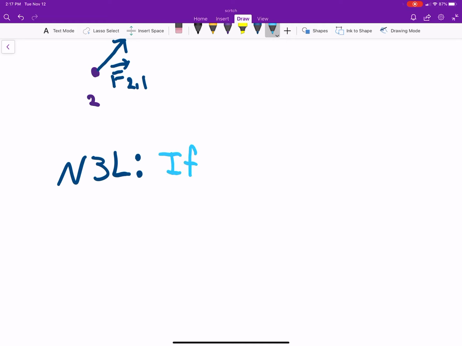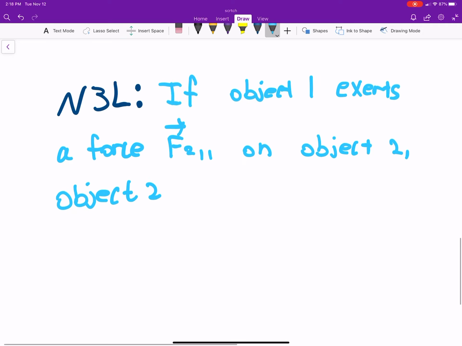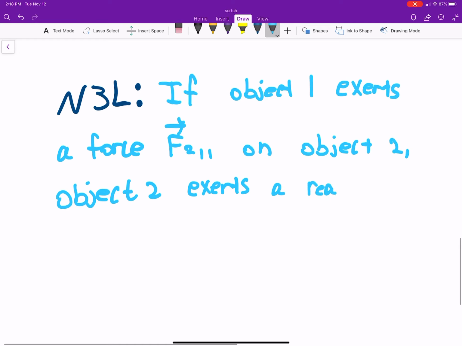One way to think of it, and a helpful way to think of it, is if object 1 exerts a force, which we'll call F2 onto 1, on object 2, object 2 exerts a reaction force F1 onto 2.